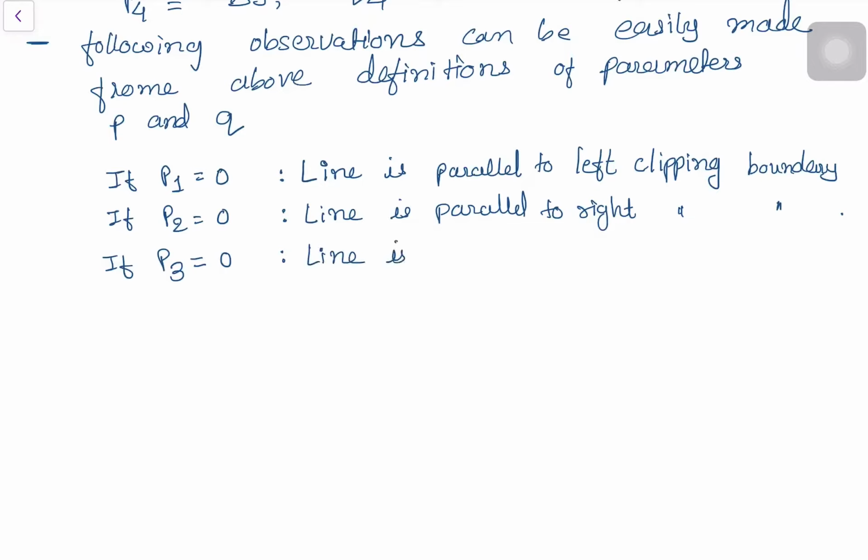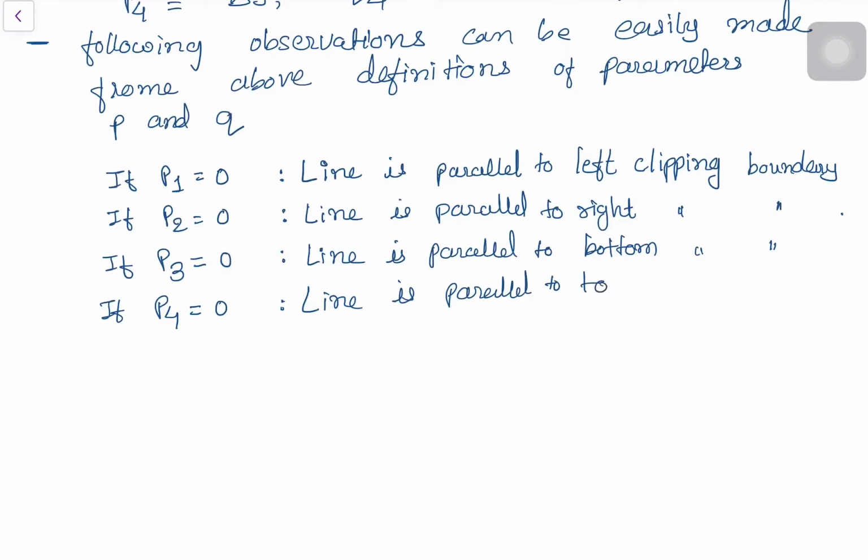If p4 is equal to 0, then the line is parallel to the top clipping boundary.